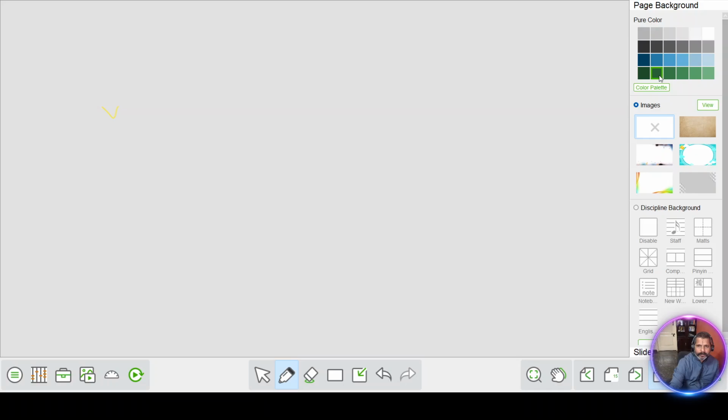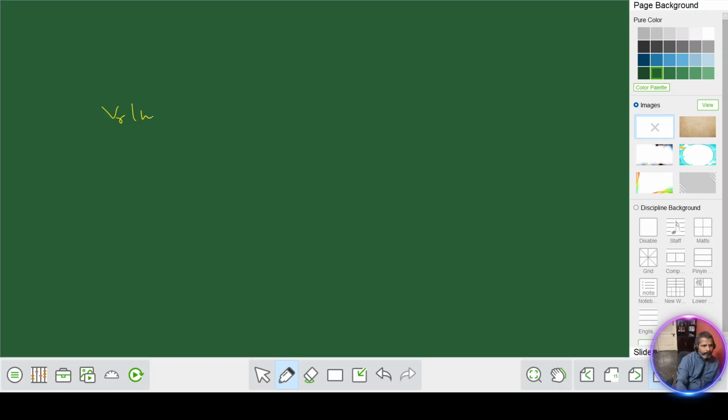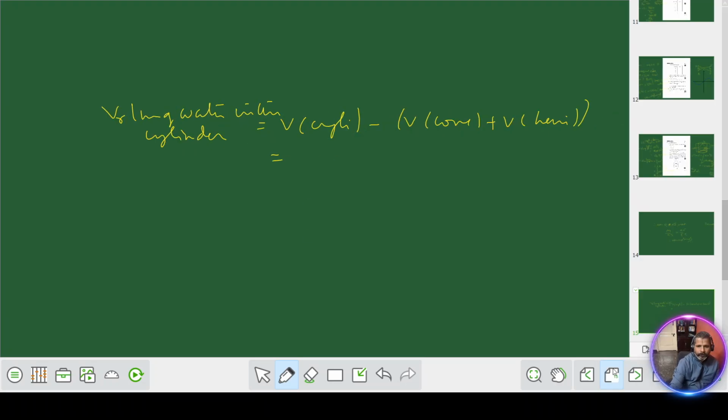Okay. Volume of water left in the cylinder is volume of cylinder minus volume of cone plus volume of hemisphere. Okay. Volume of cylinder, what was the value?